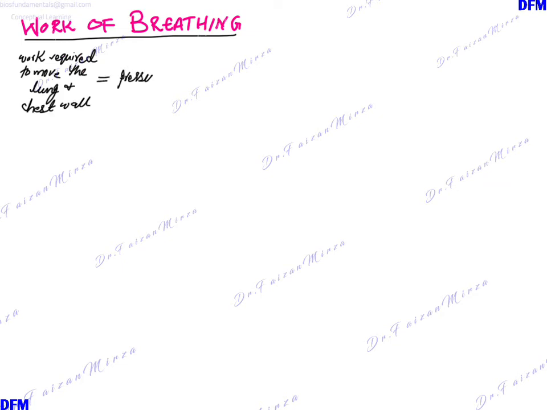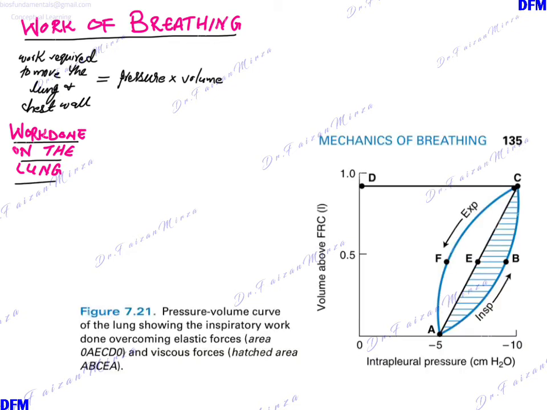When we are discussing work of breathing, the work required to move the lung and the chest wall can be calculated by multiplying pressure with volume. This graph shows work done on the lungs, intrapleural pressure versus volume above FRC. FRC is functional residual capacity.